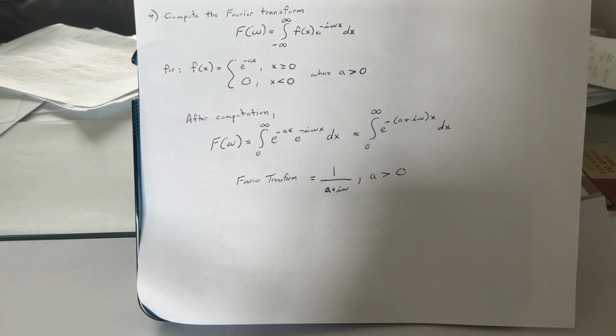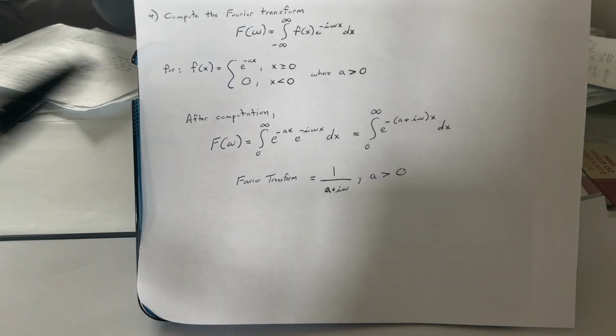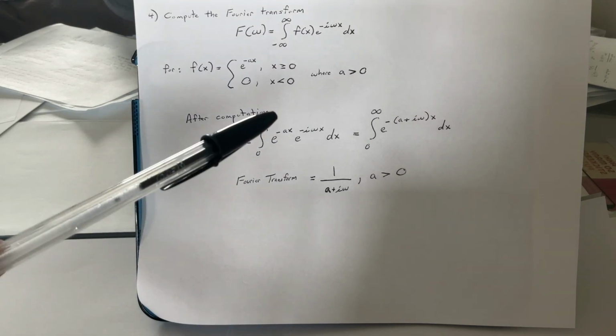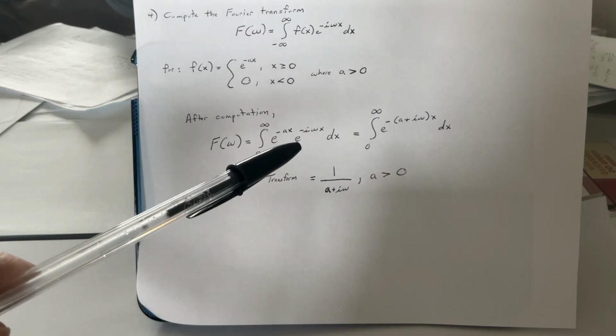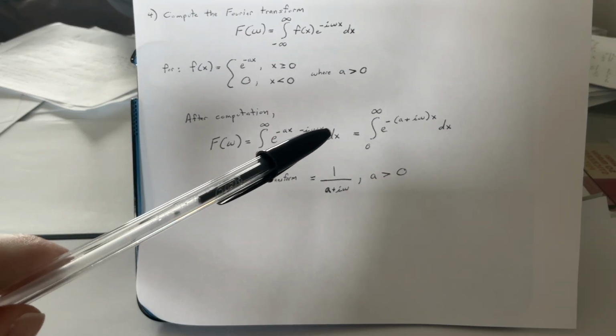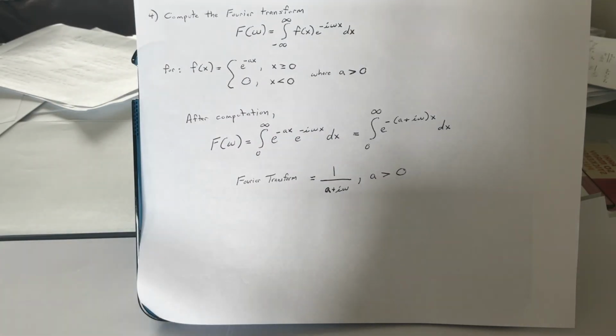So if we go through the computation here, we're going to get F of ω, integral from 0 to infinity, and then we're going to have this product here, e to the negative ax times e to the negative iωx, integrating that with respect to x. So this is a single variable integration.